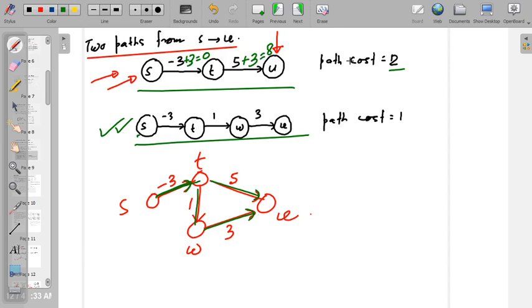Right? So what will be the path cost at this moment? 8. Now remember, before doing this, this was the shortest path.